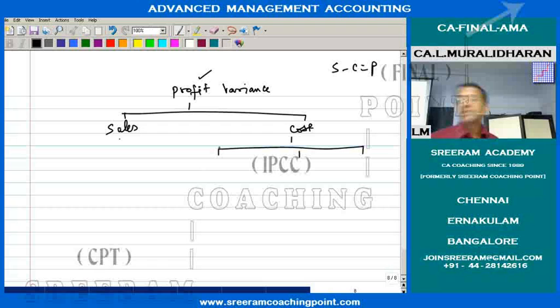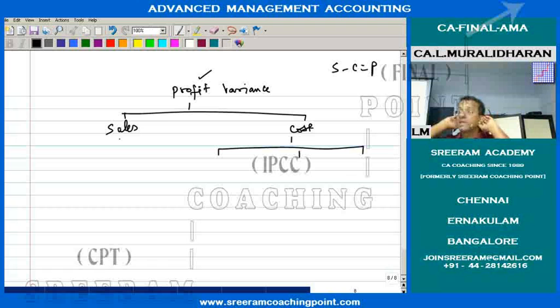One more important thing is that for profit variance, we don't extend beyond the factory. Standard costing is applied only up to the works stage. We don't take it to office and administration, and we don't extend it to selling and distribution.